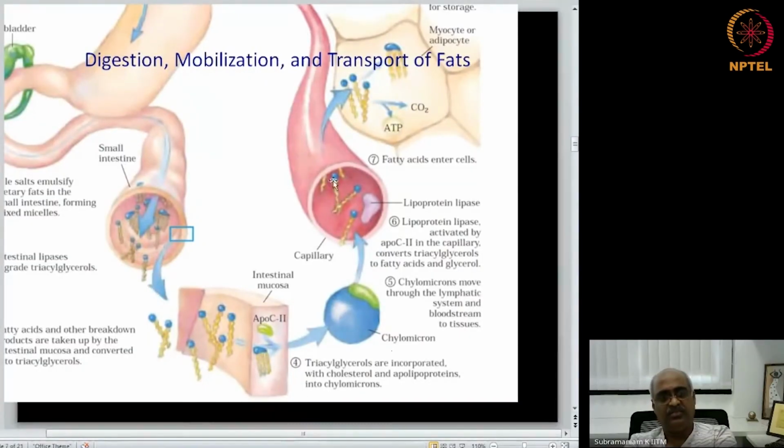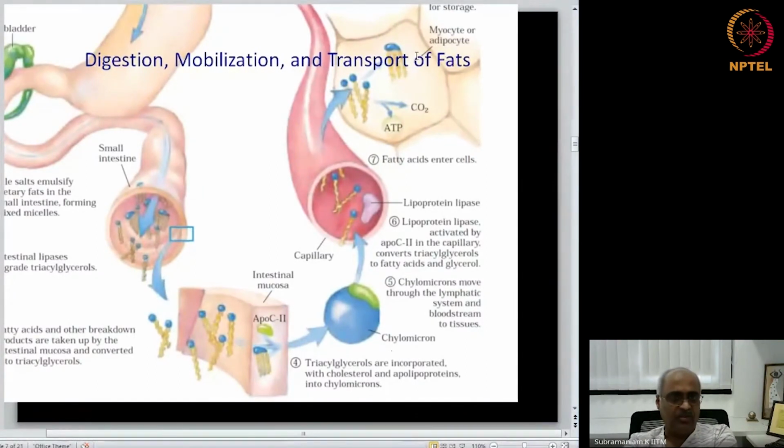So you see here a free fatty acid, one carboxyl group on the tail. And these are then transported into the cells, like either muscle cells, myocytes or adipocytes, where fat is going to be stored. And there either they are going to be oxidized by beta oxidation, which we will discuss tomorrow, to carbon dioxide and ATP, or again re-esterified into triacylglycerol and stored as a storage fat.